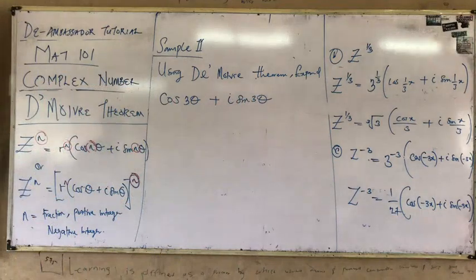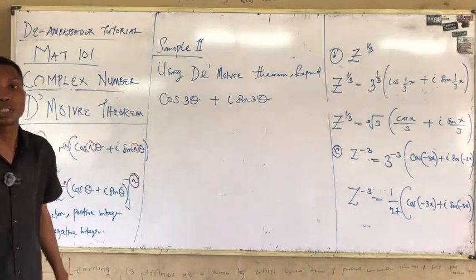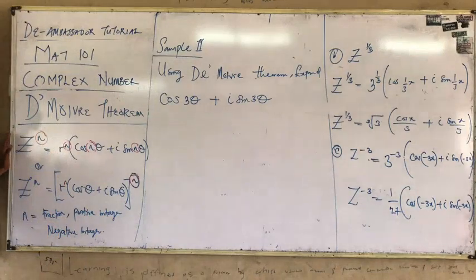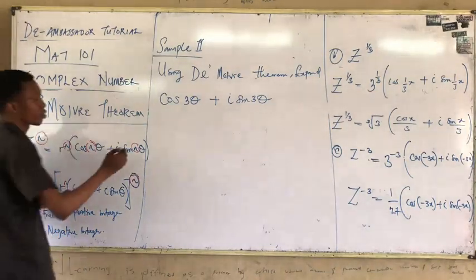Use the Moivre's theorem. Expand cos 3 theta plus I sine 3 theta. Guys, are you with me? Yes. Let's solve this.